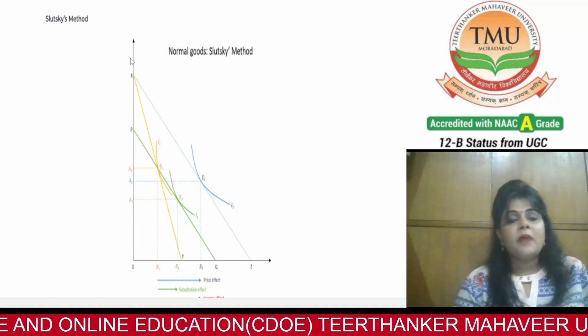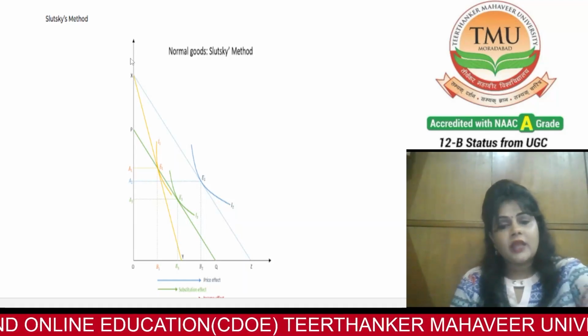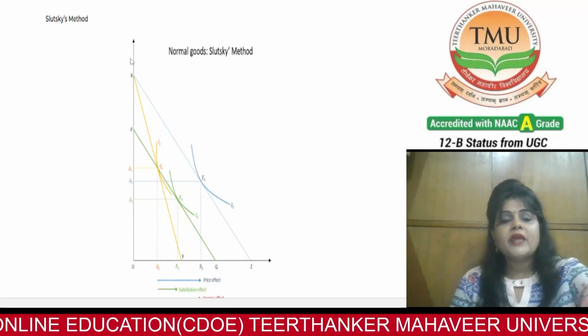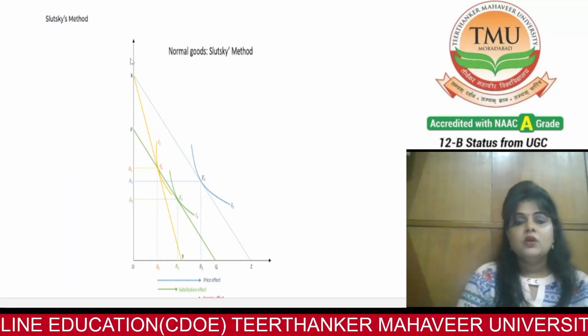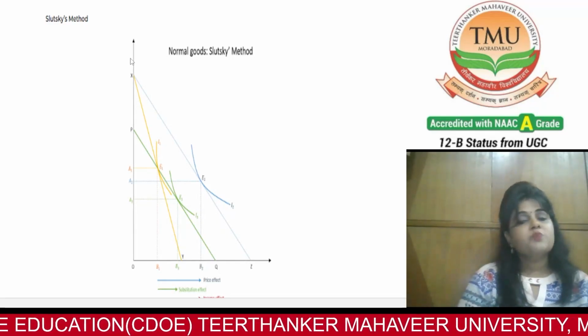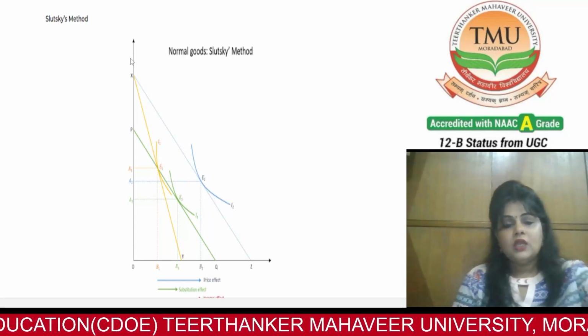This is because the magnitude of the positive substitution effect is greater than the magnitude of the negative income effect. So price effect is equal to substitution effect plus income effect, where the price effect is positive because the substitution effect is more than the income effect.